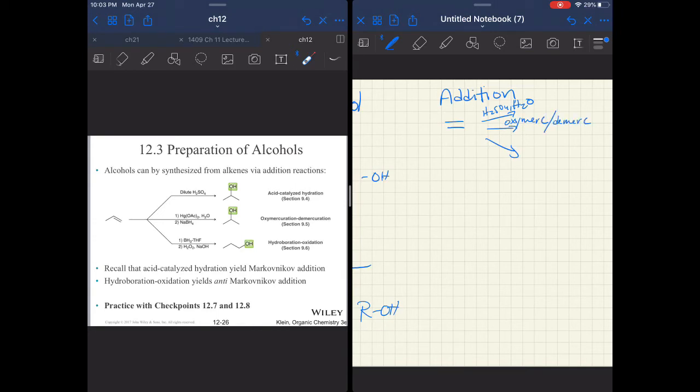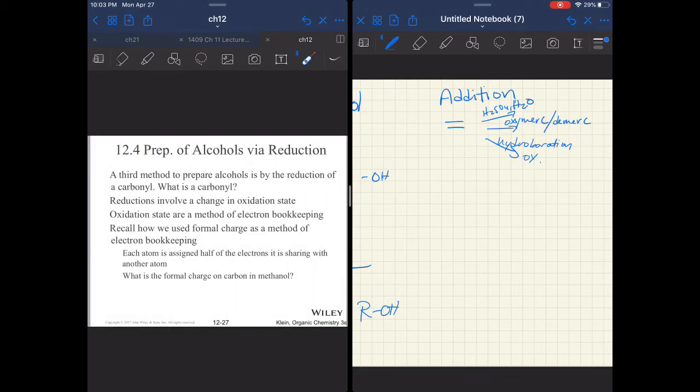Both of these will give you a Markovnikov addition. Oxymercuration, demercuration would avoid carbocations, so it would avoid a rearrangement. And if you want to do anti-Markovnikov, you have hydroboration oxidation. So you've got several choices on how you can make alcohols, and you have regioselectivity.